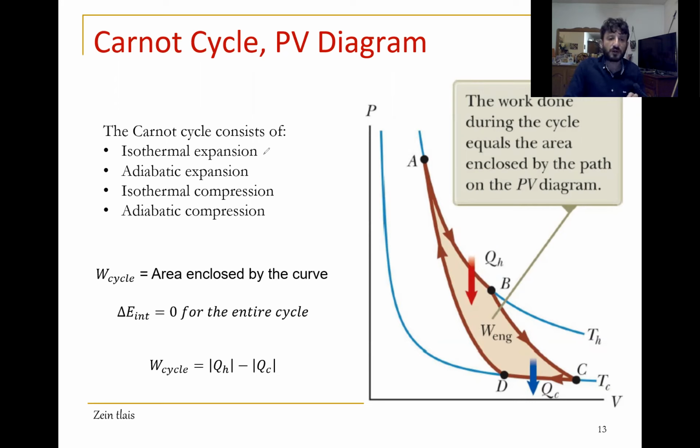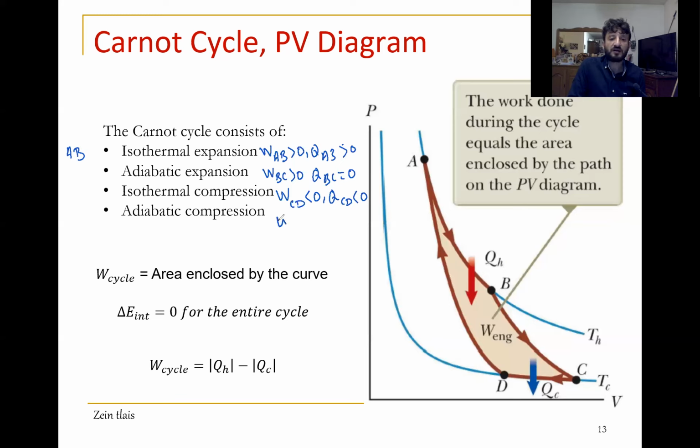Let me write quickly. Isothermal between AB. Here we can say omega AB must be positive, and QAB is positive. Adiabatic here, omega BC is positive, and QBC equals 0. Isothermal CD, omega is negative, and QCD is negative.